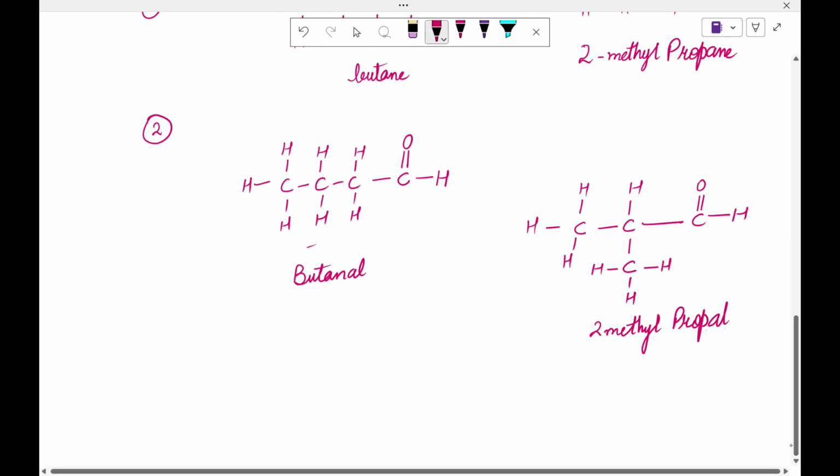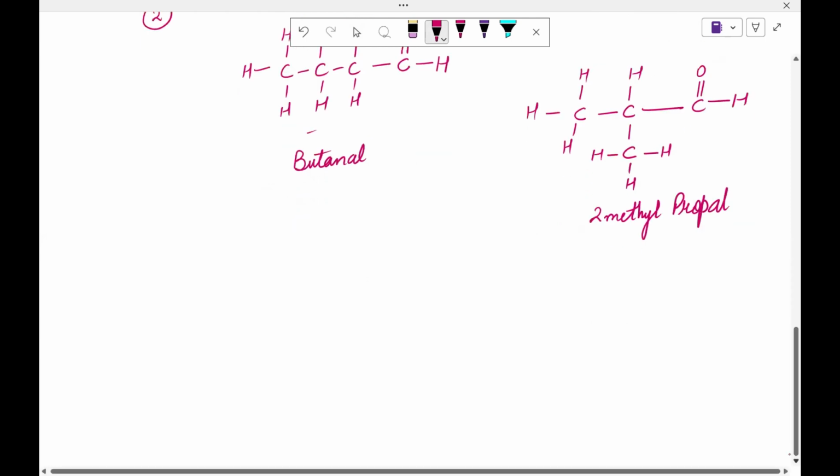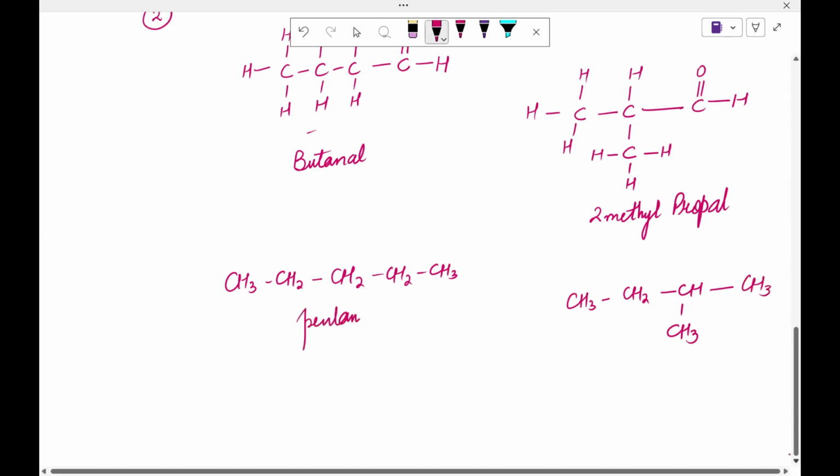Let's take some more examples. So if we have CH3, CH2, CH2, CH2, and then we have CH3, that is basically called pentane. And this one is called 2-methylbutane.